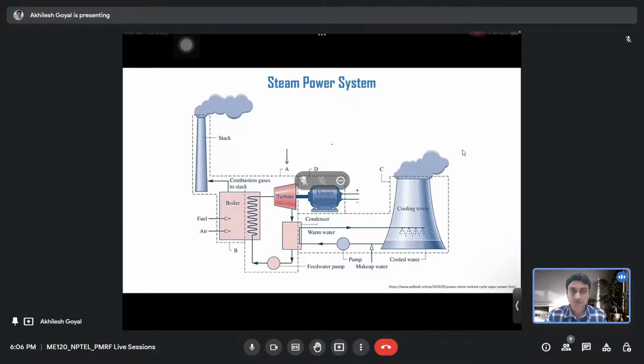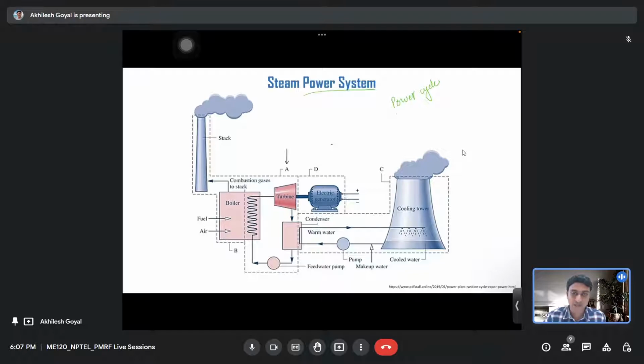So what is a steam power system? Okay. So you can see this in this figure. First you have to understand what is a power system. We will be talking about the power cycle as well.